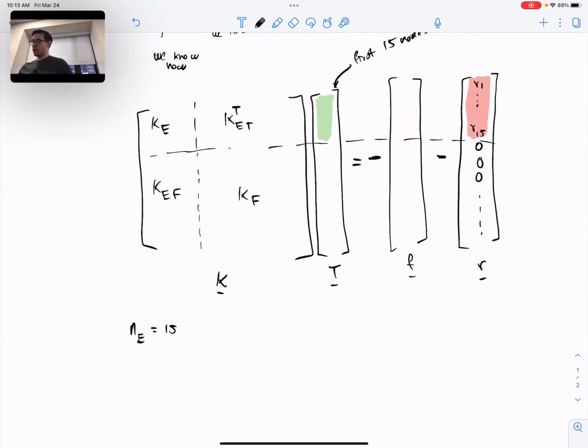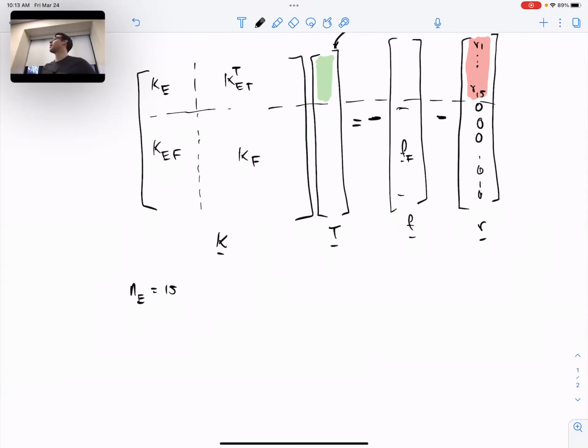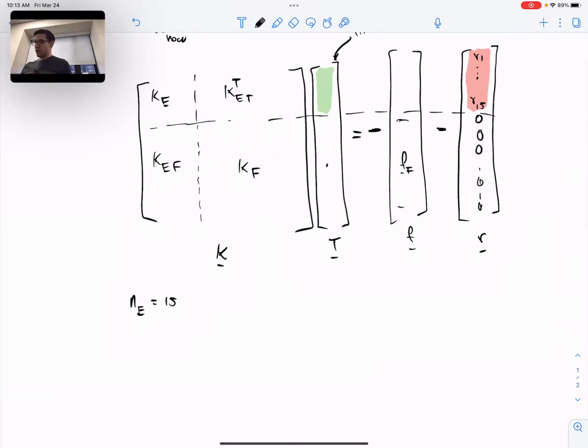Then this one right here is going to be the F. And then these ones are all zeros here. So that, and this one is TF, and this is TE. So the temperature at the nodes that don't have essential boundary is just going to be KF inverse times FF minus FF, and then minus KF times TE.